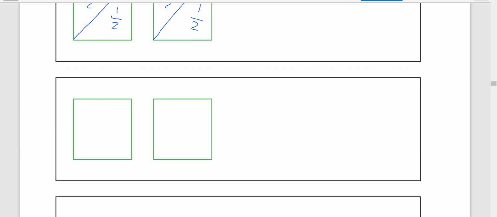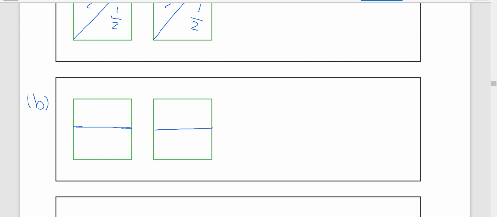Another two squares, letter B: divide two squares into four equal parts, each square divided into two equal parts like this. And the second square is divided into two equal parts like this.